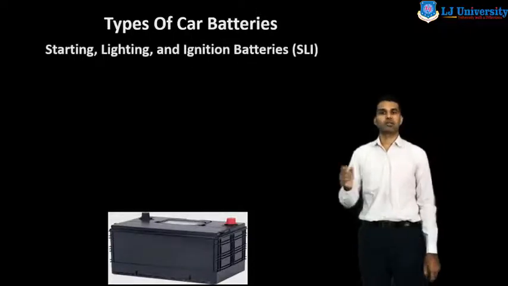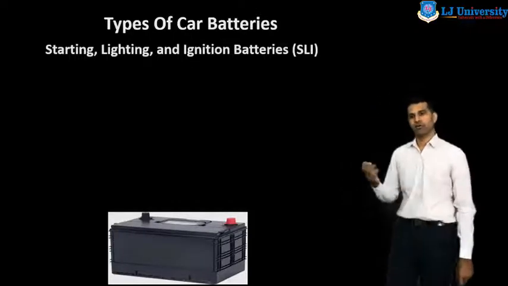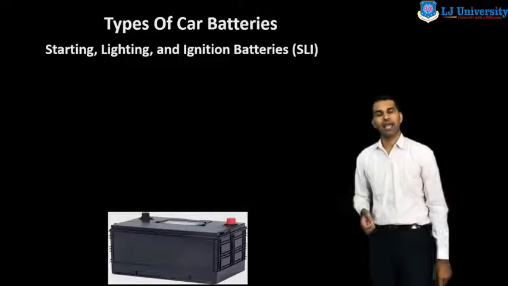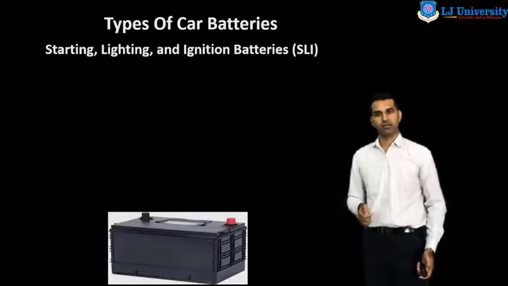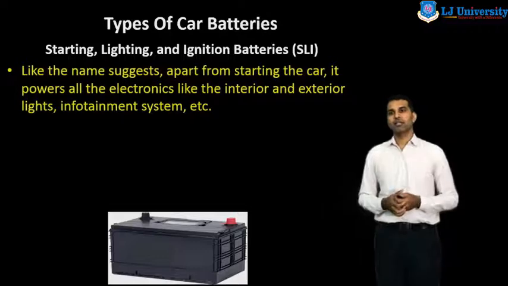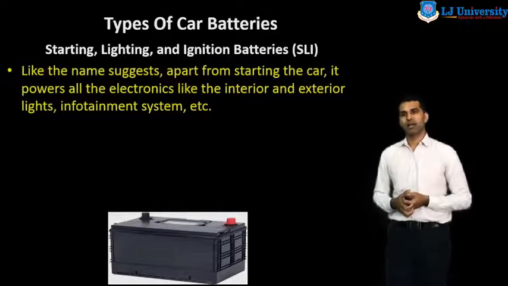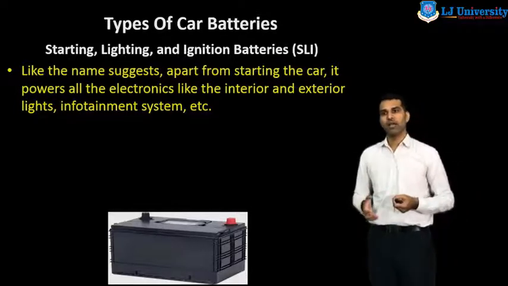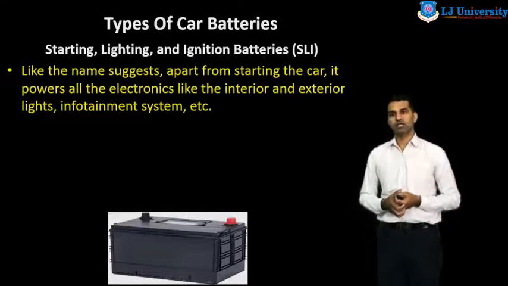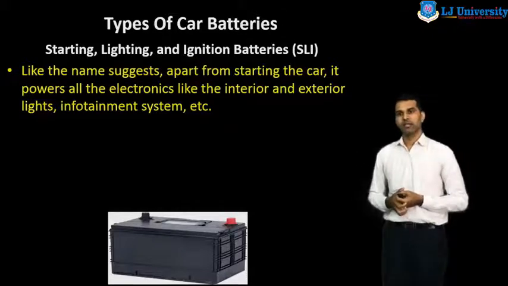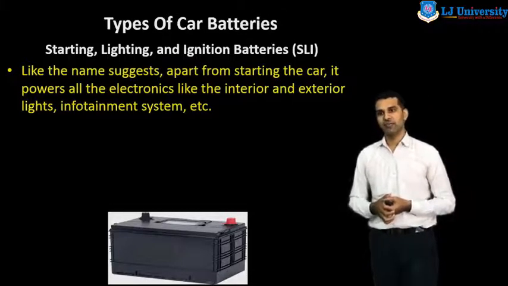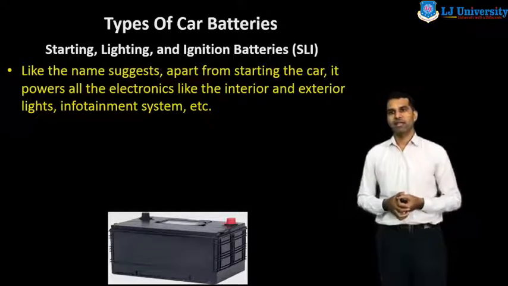Now we discuss the first one, the SLI, or the starting, lighting and ignition batteries. As the name suggests, apart from starting the car, it powers all the electronics like the interior and exterior lights and the infotainment system.